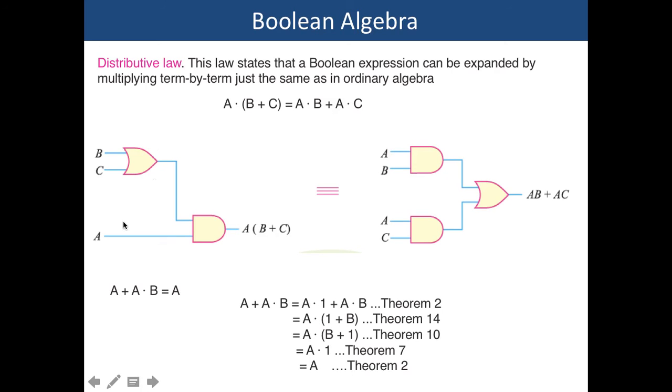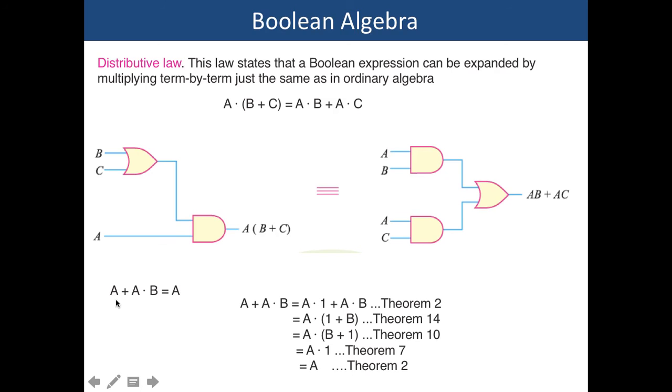So the output is a dot (b plus c), which is equivalent to ab through an AND gate because of the dot, and ac through an AND gate, and because of the plus sign an OR gate. So your final output is ab plus ac.